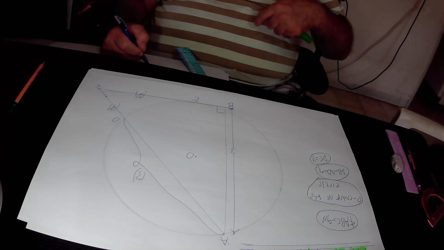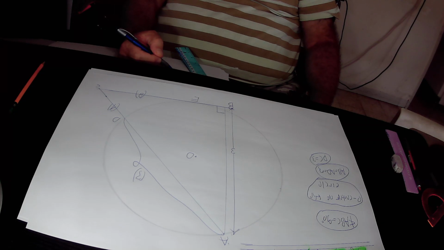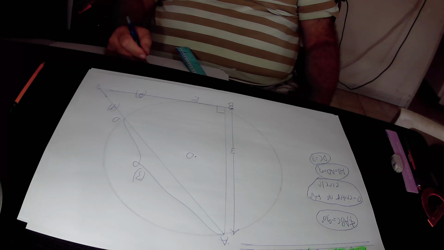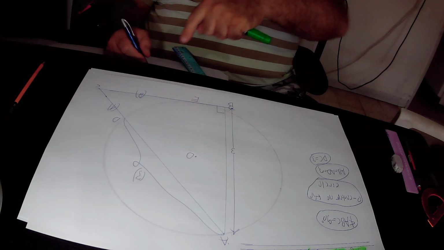Side AB equals 3 units according to what is given in the question. Side BC is the missing side. And the hypotenuse AC equals 3 plus 1, that is 4.